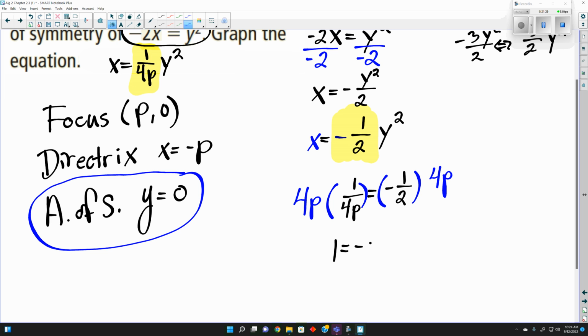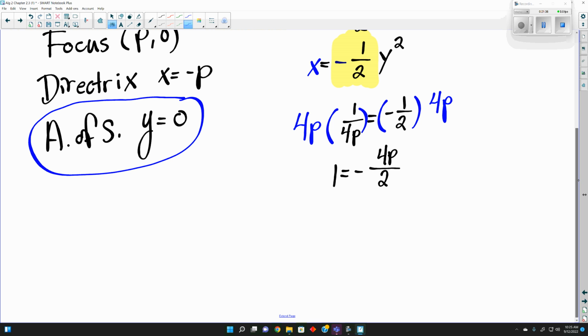Now the right-hand side, we'll get negative 4P over 2. Well, 4 over 2 reduces to 2P. 4 divided by 2 is 2. So we have 1 is equal to negative 2P.